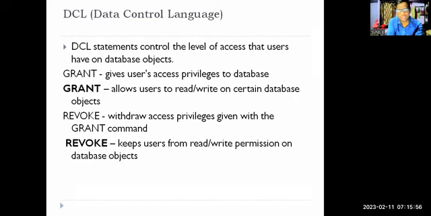Next statement is revoke. Revoke is used to withdraw the access privilege given with the grant command. Whatever access is granted on your database table, revoke withdraws that access privilege. So it keeps the user from read and write permission on the database objects.